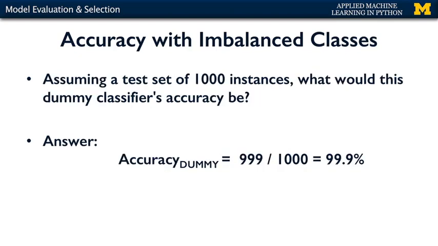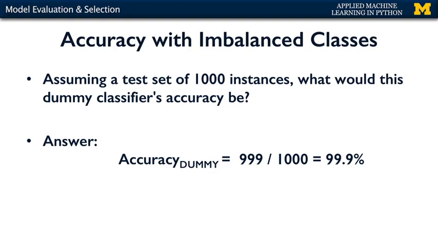So if we have a test set that has 1,000 items, on average, 999 of them will be not relevant anyway. So our dummy classifier will correctly predict the not relevant label for all of those 999 items. And so the accuracy of the dummy classifier is also going to be 99.9%.